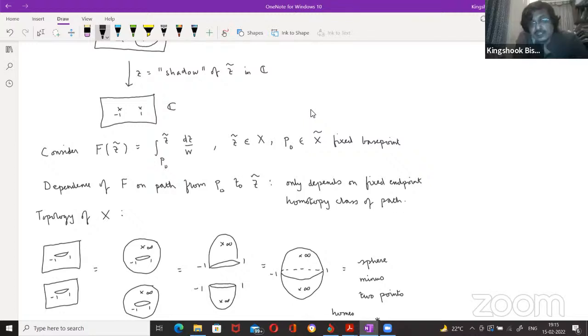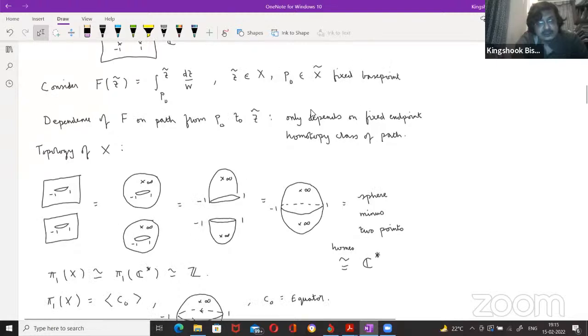So this integral only depends on the fixed endpoint homotopy class of the path. So now we have to classify homotopy classes of paths in this Riemann surface. In other words, we need to understand its fundamental group. So we need to understand the topology of this Riemann surface. So that's not hard to do.